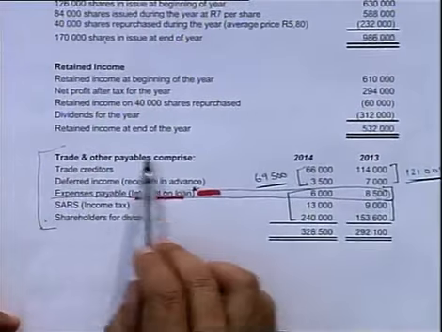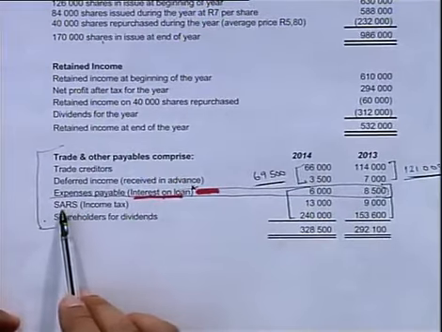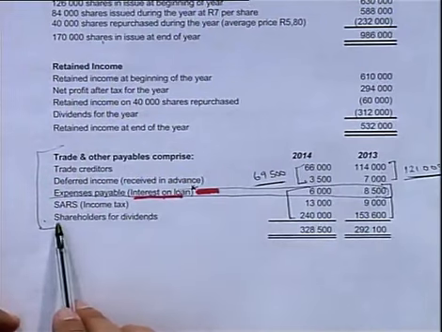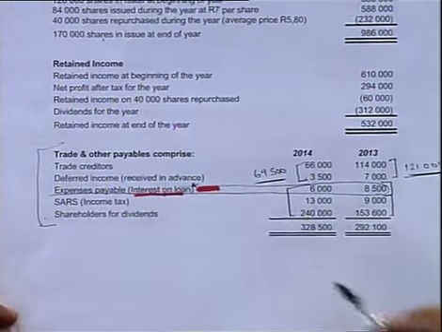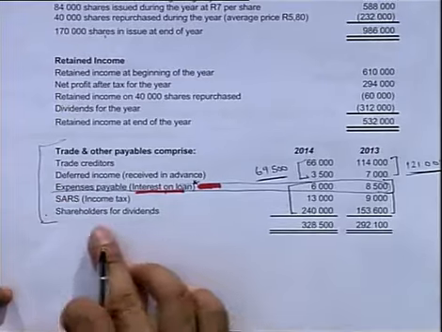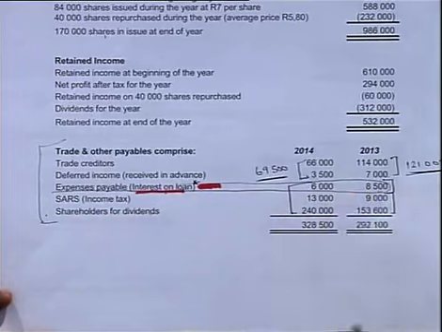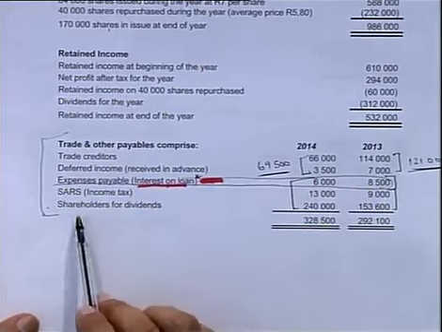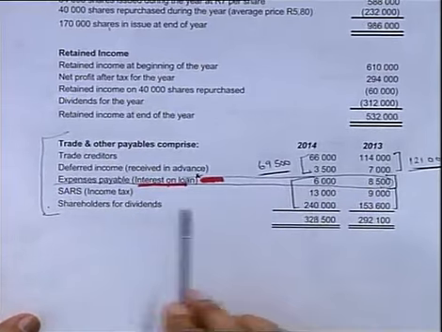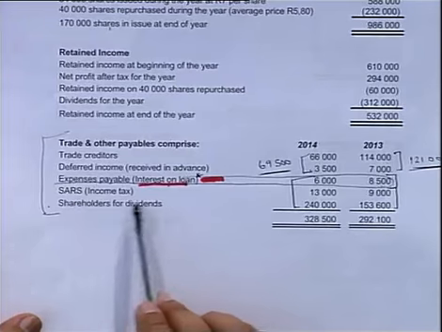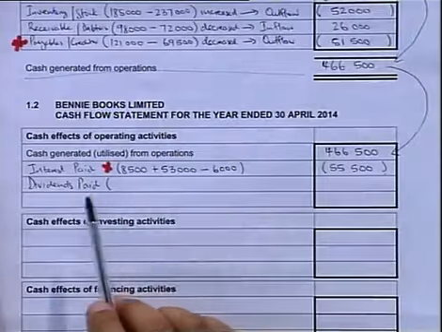That is why earlier, when we were looking at the note for trade and other payables, we did not use the SARS amount and we did not use the figures for the shareholders, because we'll be using them now when we calculate the dividends paid, the tax paid, and for that matter, the interest on the loan that was paid as well. So now we have to look at the shareholders for dividends, because we pay the dividends over to the shareholders.